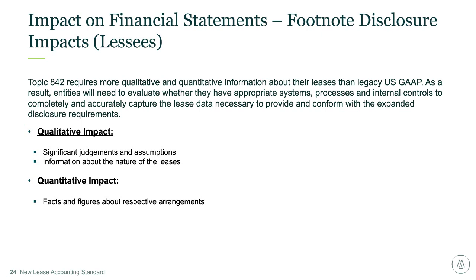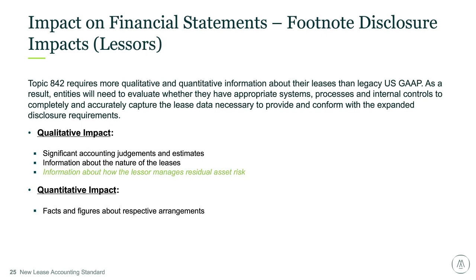Moving on to the disclosure impact from a lessor perspective, same concept, more qualitative and quantitative information than previous legacy GAAP. Examples of new quantitative disclosures are going to be facts and figures about respective arrangements. This will be operating lease costs, amortization of finance lease right-of-use assets, variable lease costs, weighted average remaining lease term.